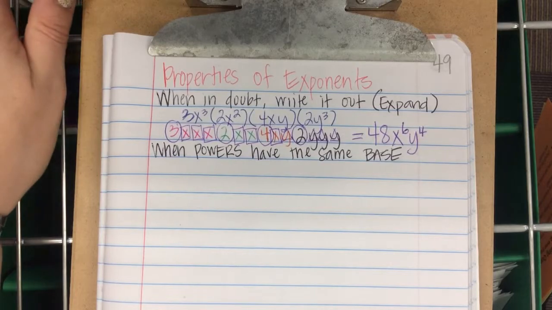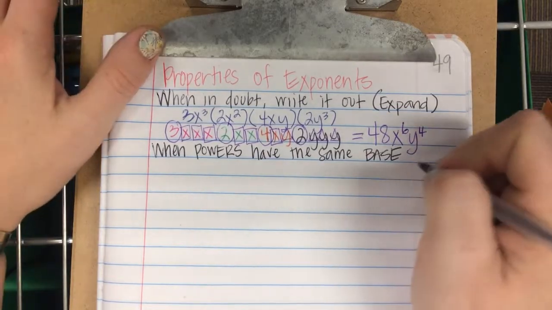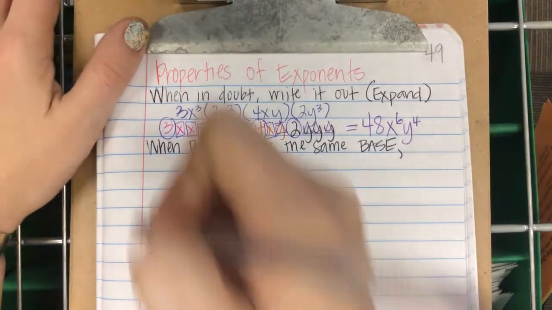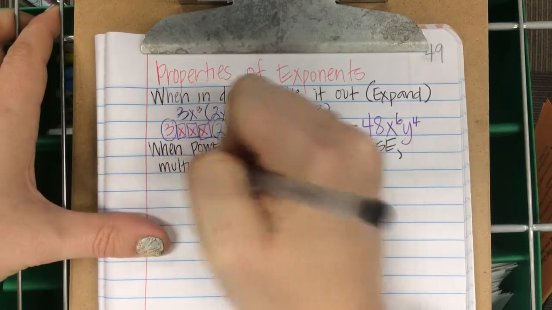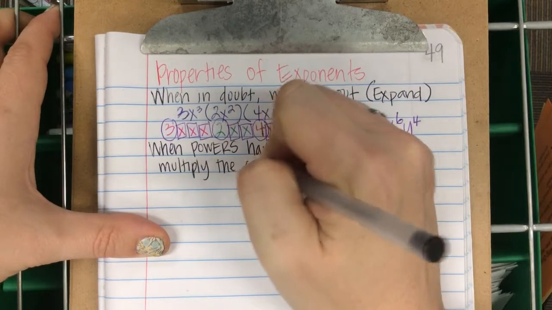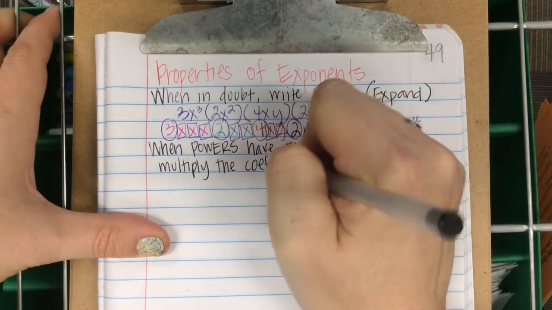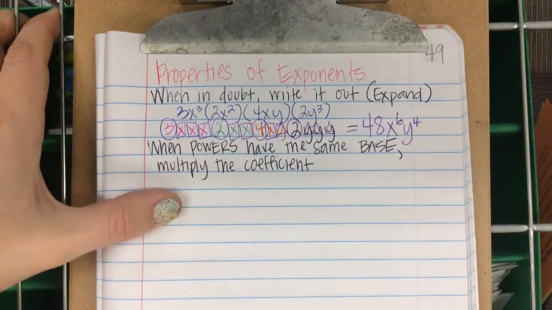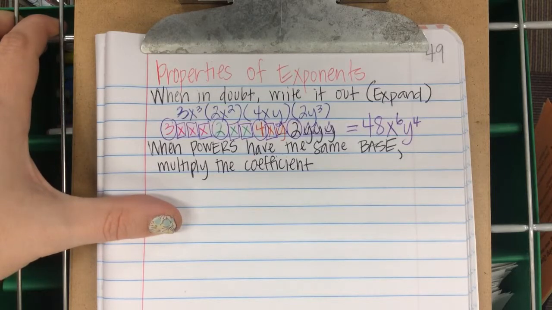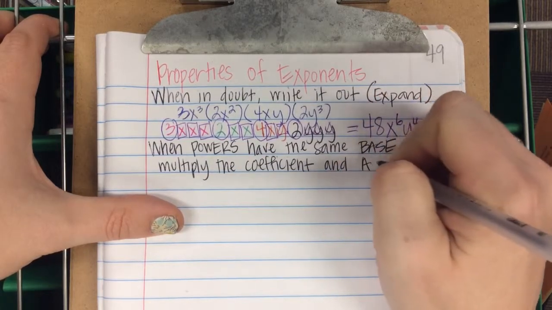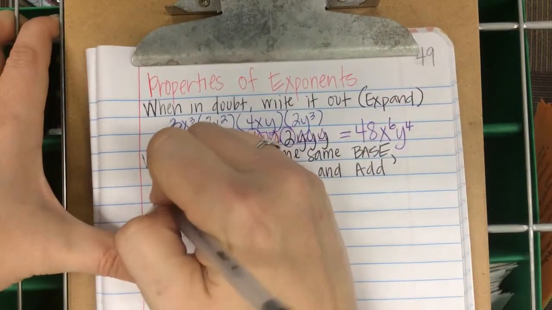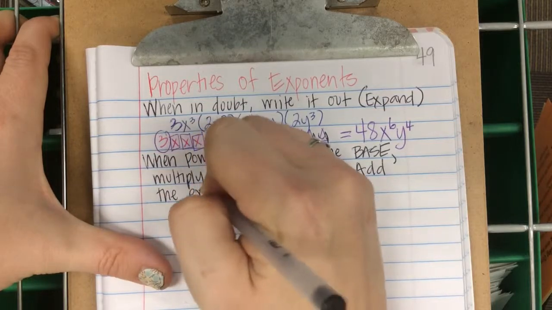When powers have the same base, multiply the coefficient. What's the coefficient? The number in front of the variable. And add the exponents.